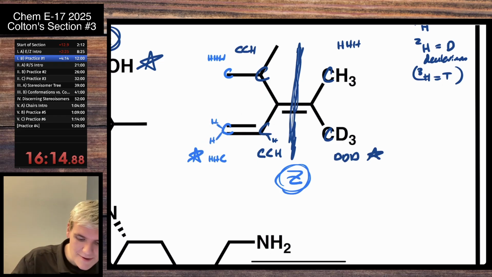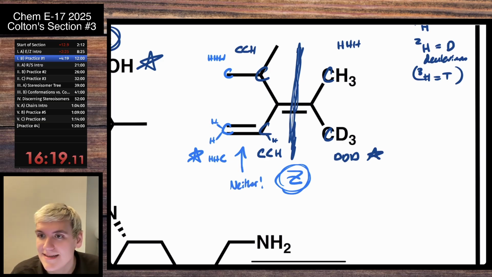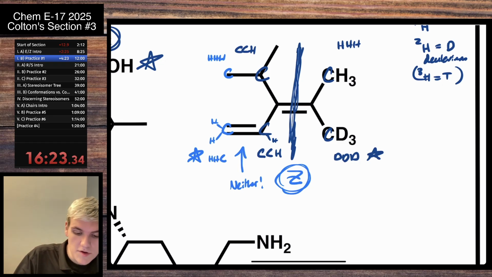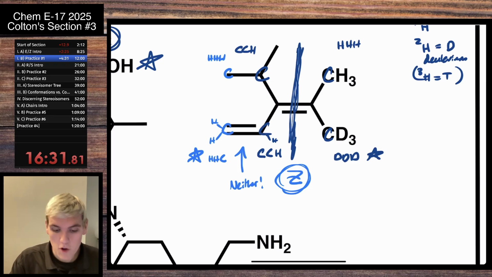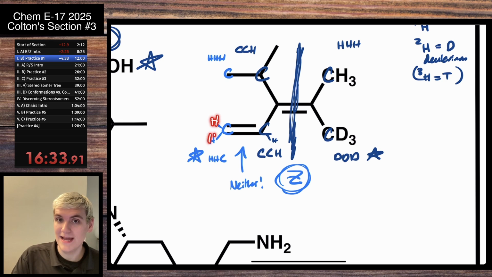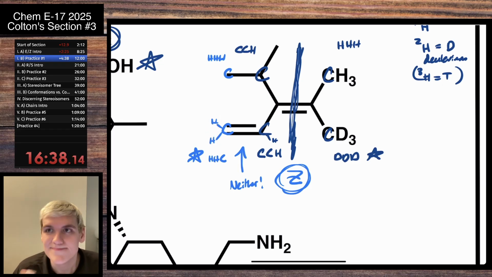We would say that this alkene is neither E nor Z. And the reason that we can say that is because there is not an ambiguous way of writing this alkene. It's on the end. So there's not going to be a cis and a trans version of it. It's always going to have the hydrogen on the end either way. And so it doesn't matter. There's nothing to indicate.